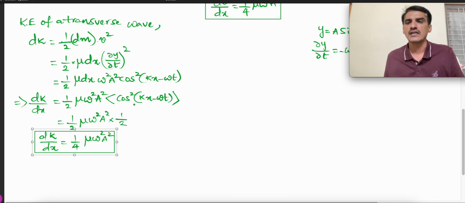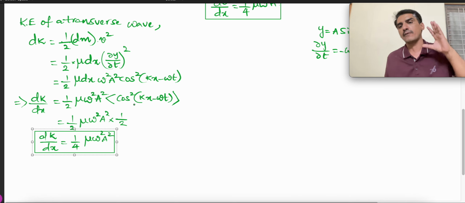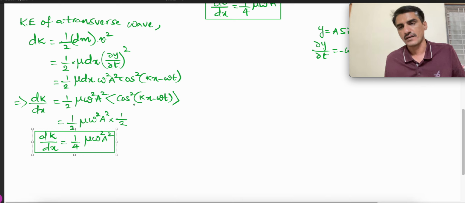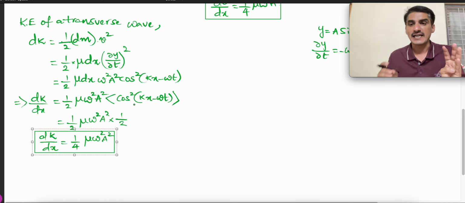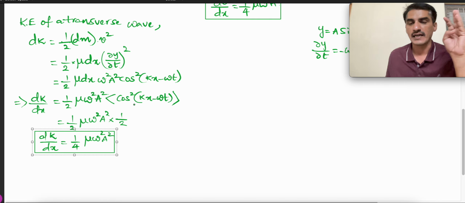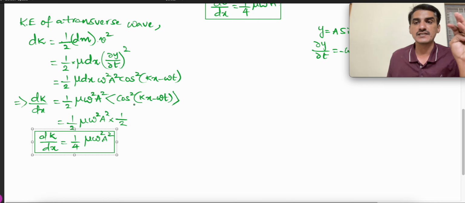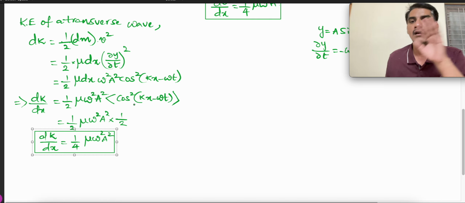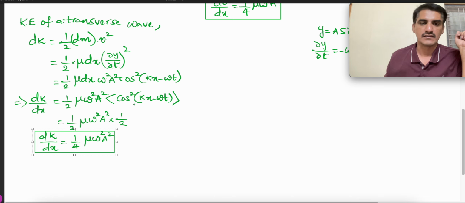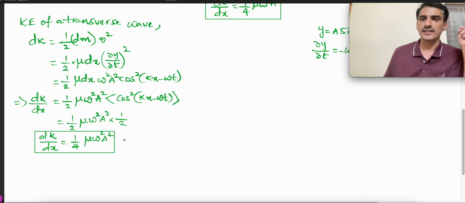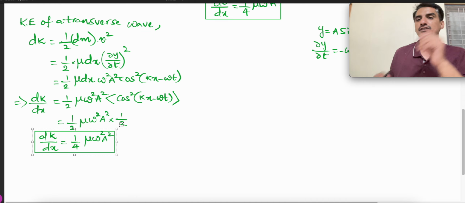In case of waves, throughout the propagation of a progressive wave, transverse progressive wave, what we call kinetic energy density and potential energy density, both are quite the same. Understand? There is no change in kinetic energy or in potential energy as long as the wave is propagating.